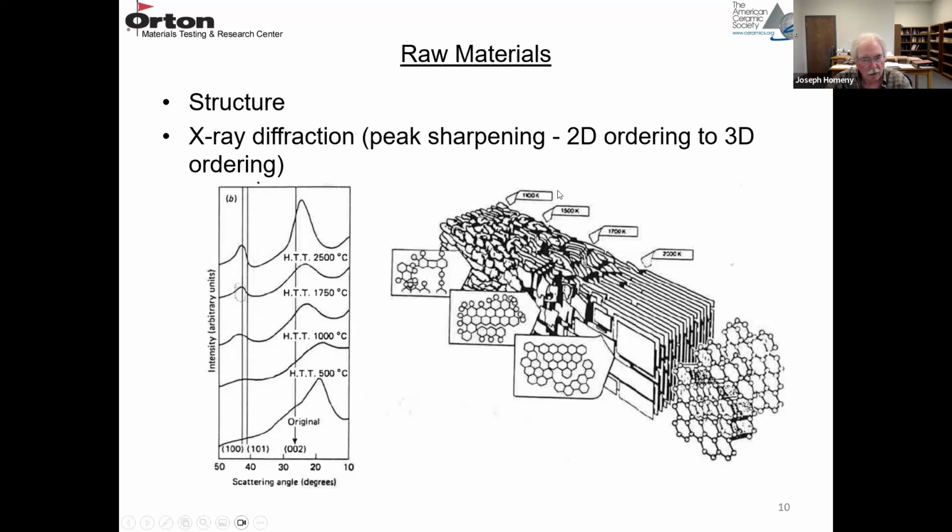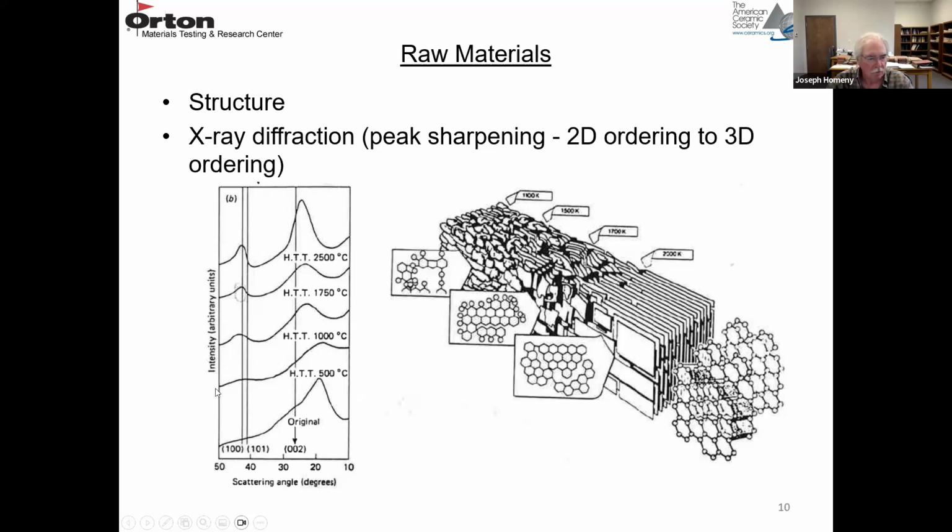So at low temperatures, you have very disorganized structure. There's some 6-member rings, some rings of lower quantity of carbon atoms. It's very disorganized, it's amorphous, but as you heat it up to these higher temperatures, you get this hexagonal type graphite structure, so it becomes well crystallized.